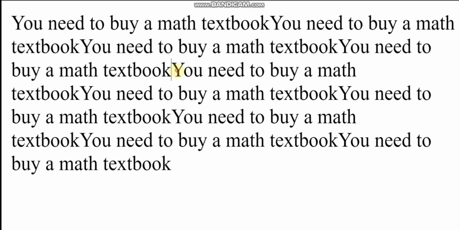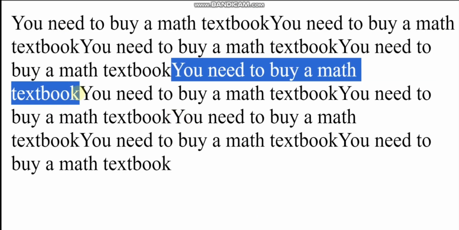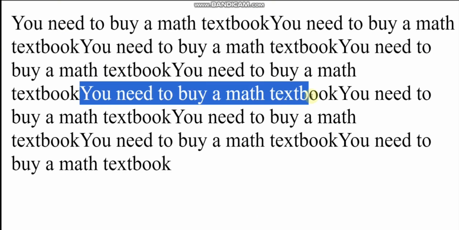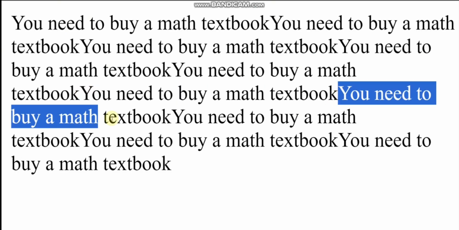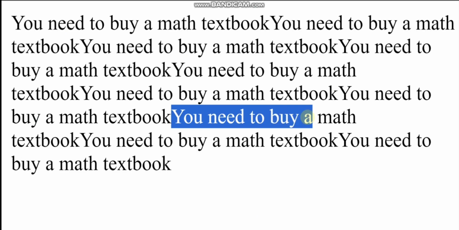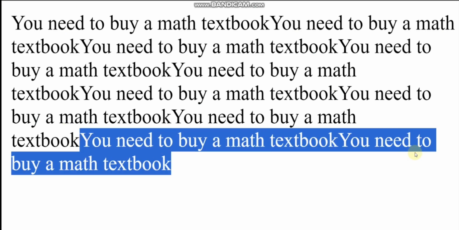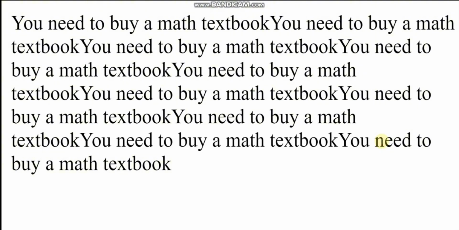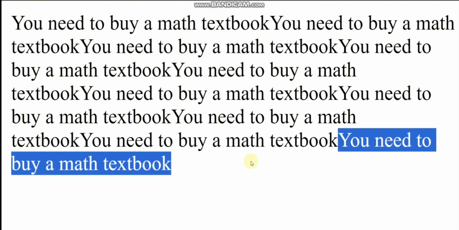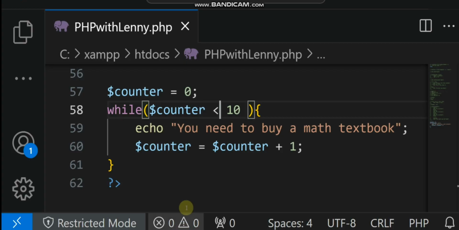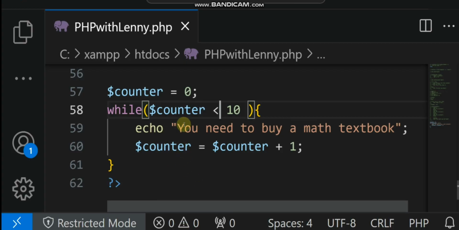Let's keep counting: the fourth, the fifth, the sixth, the seventh, the 8th, yes, it's right here, the 9th, and the 10th. That's how we give our loop a definite end.